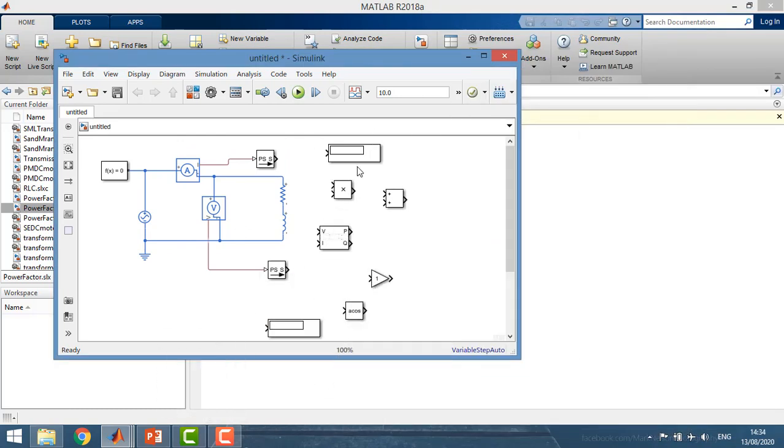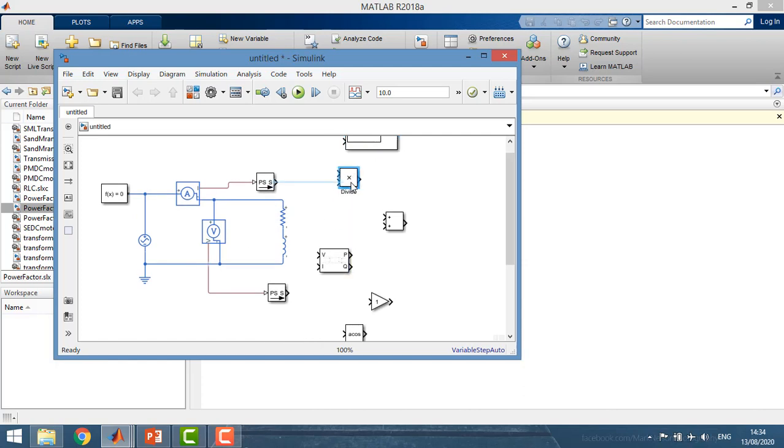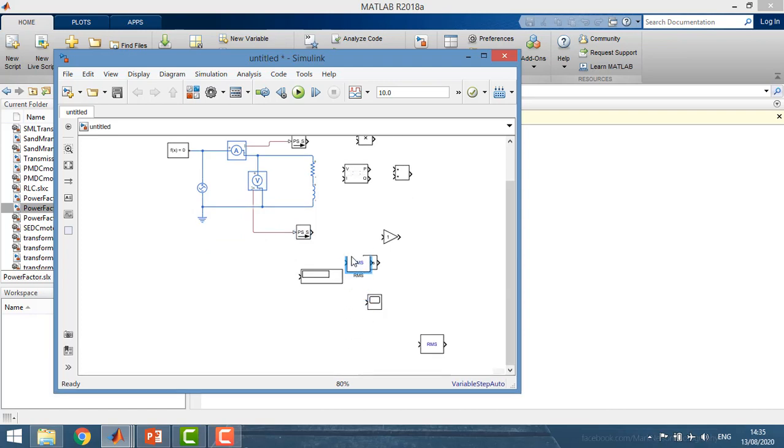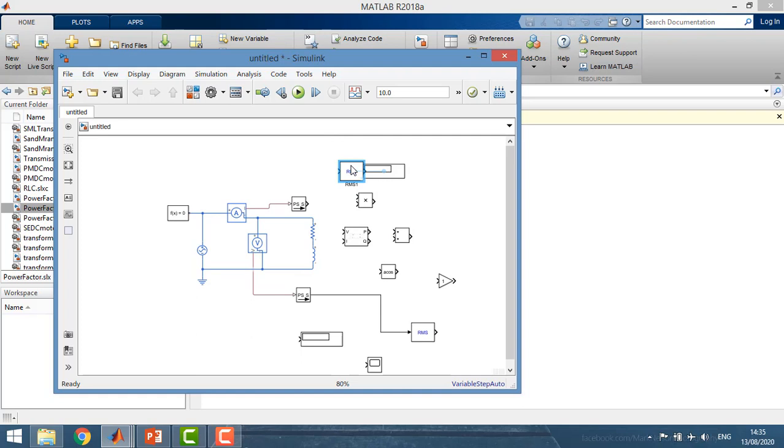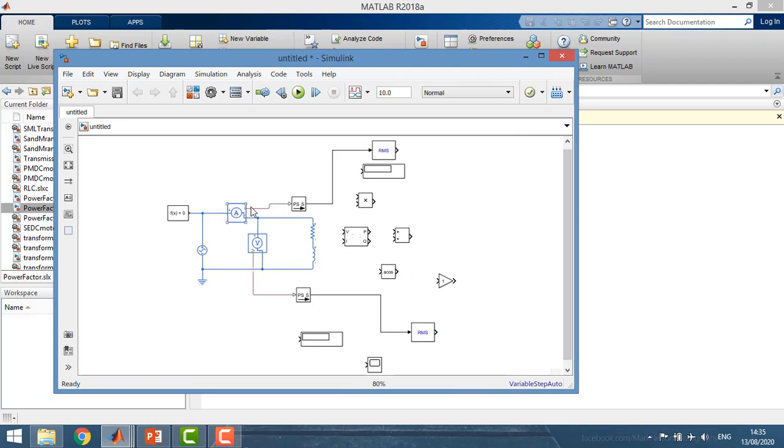Okay, so basically the measured current and measured voltage, we can find the RMS value of the measured voltage and the RMS value of the current as well, in order to measure the apparent power.